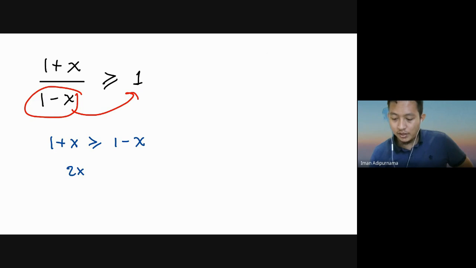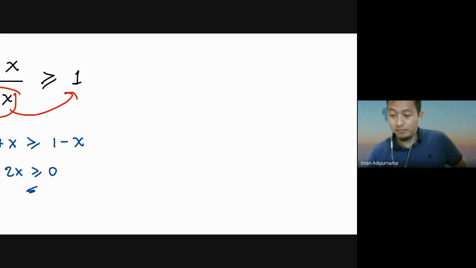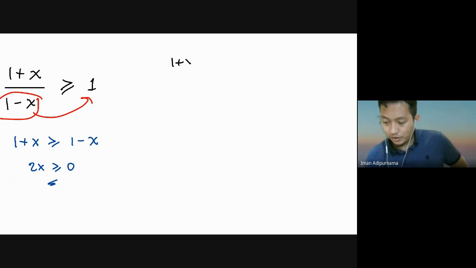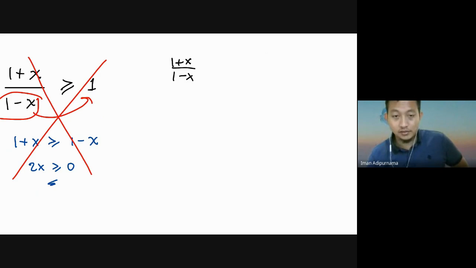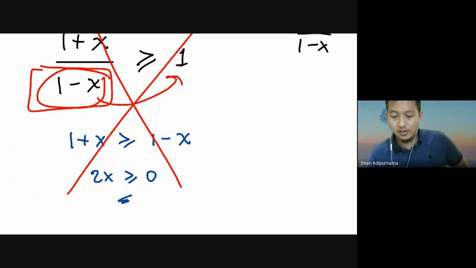You have 2x, maybe x, maybe this. But what you need to do is actually, let me write one more time here. So don't do this, right? You know why? Because you have this fraction with 1 minus x as your restriction, okay?